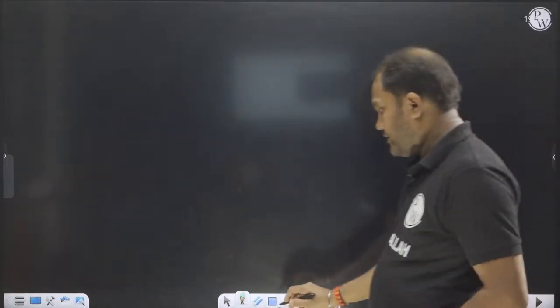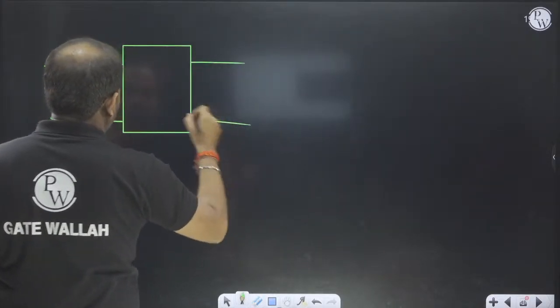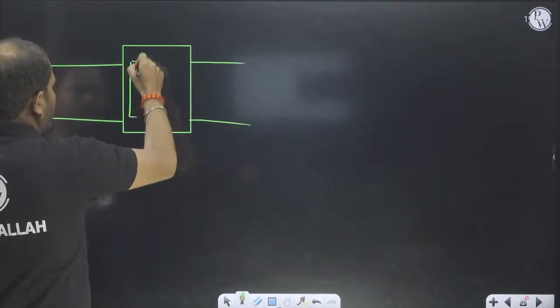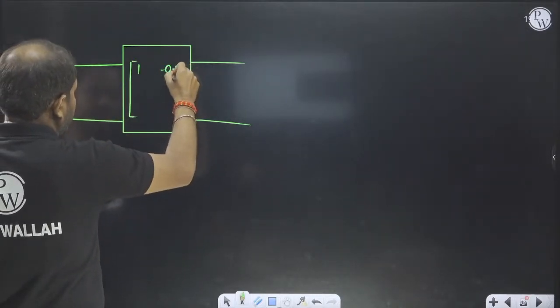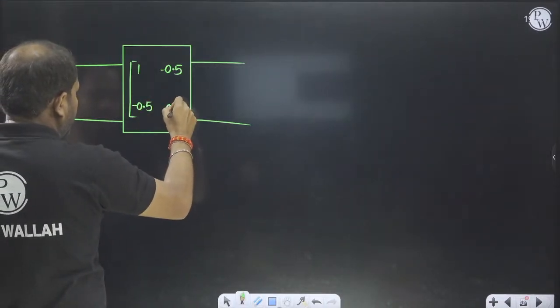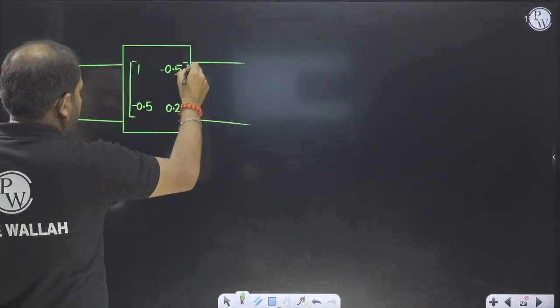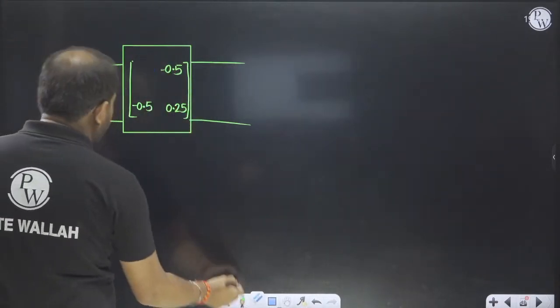Then we have a network like this also. This one is our Y parameter. What have they given? 1, minus 0.5, minus 0.5 and 0.25, and this one is also 0.25.